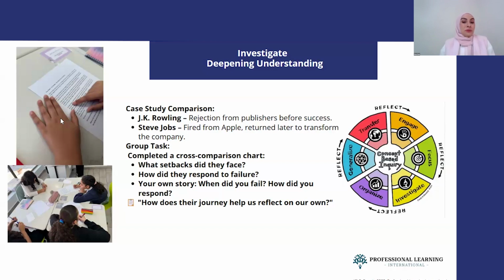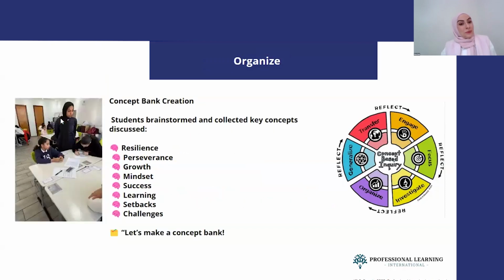And after we finished the cross-comparison chart, we reached this part. We told them, okay, throughout the session, we spoke about different concepts, different things. Let's create a word bank and tell me what you remember. Just pop up. Say the words you remember from the beginning of the session till now. And they started giving us all those concepts.